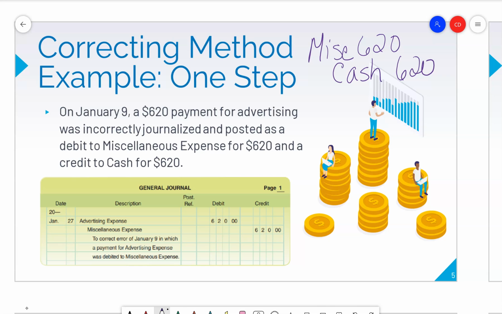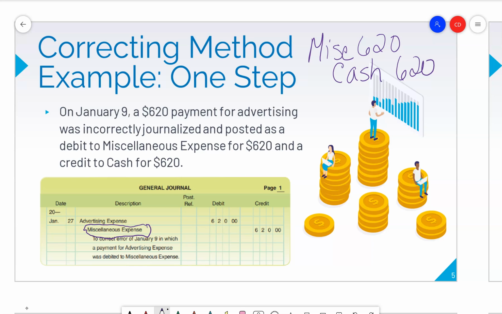Looking at this, we know that the cash part is correct, so we just leave that alone. We need to take miscellaneous expense away and replace it with advertising expense. So basically, we are undoing the debit. To undo the debit of miscellaneous expense, you credit it. That's why it's right here. To undo the debit, you credit it.